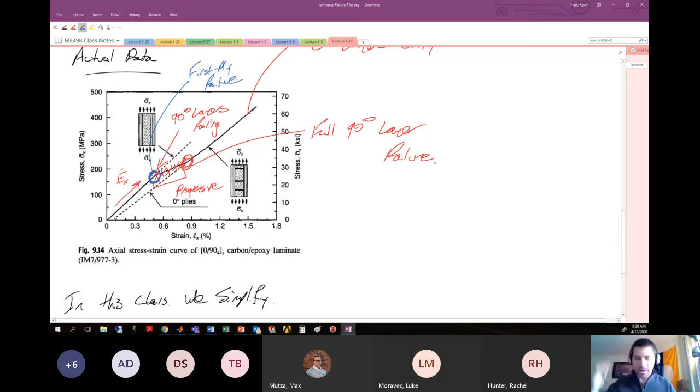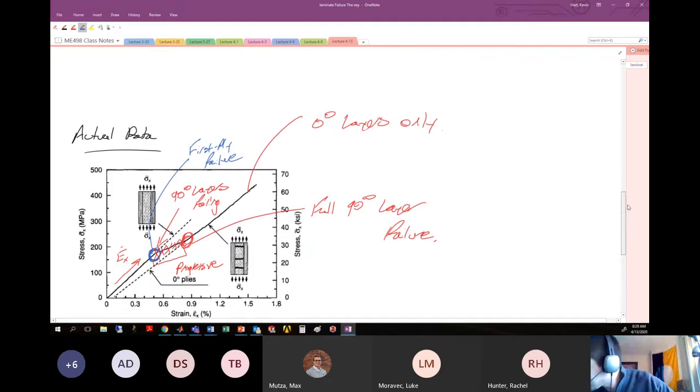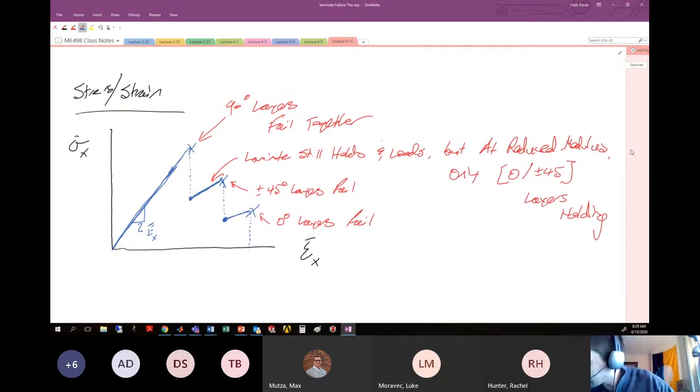That's right when that 90-degree layer first begins failing. In our little theoretical stress strain curve, that would be here. There's your first ply failure. Right when that first layer has failed, then we say that the laminate has failed.